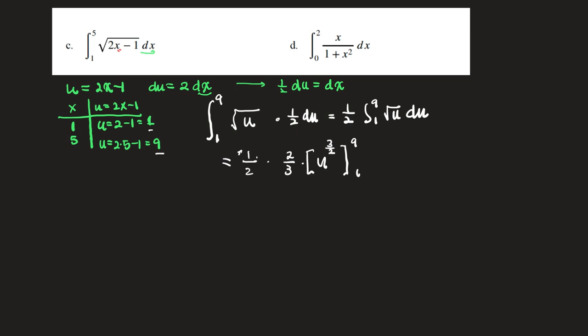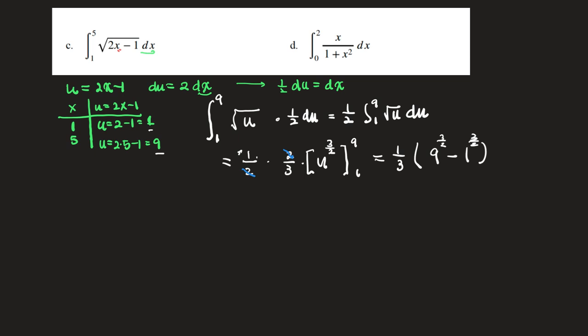Before going on to the definite integral, make sure to cancel out. 2 and 2 cancel out. So now what do you have here? You're going to have 1 over 3, then plug in the 9, 9 to the 3 over 2, minus 1 to the 3 over 2.